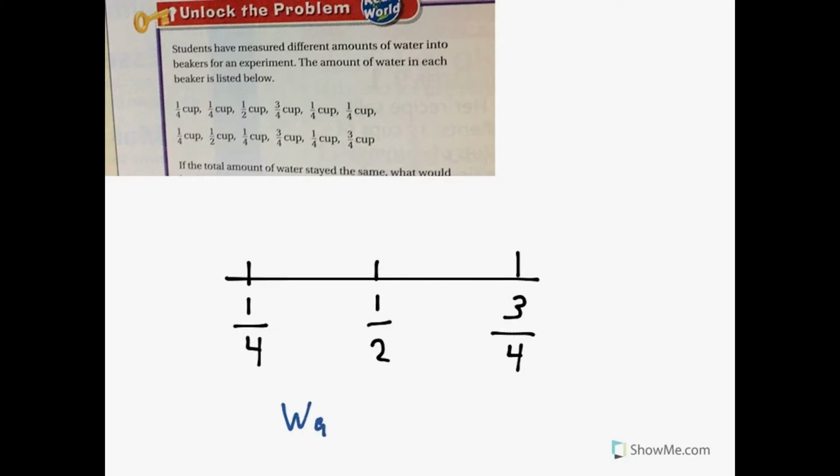So over here, this information is water used in cups. So the 1/4 is 1/4 cup, 1/2 cup, or 3/4 of a cup.